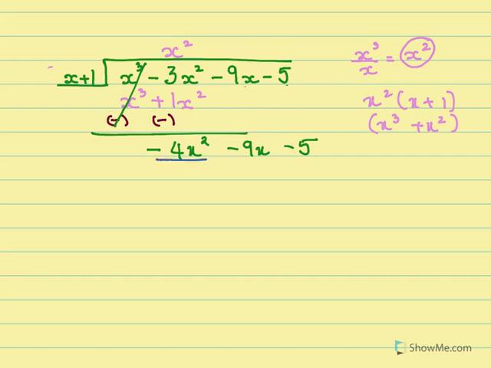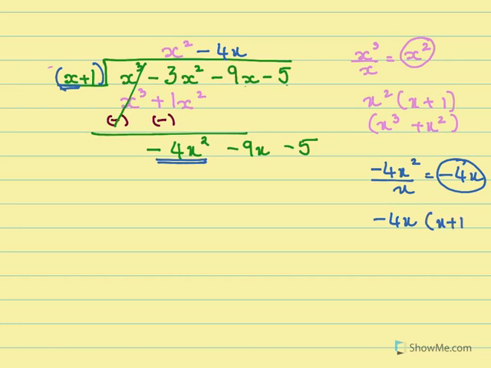Let me start the same process. Take the first term and this first term, and you divide it. So we have minus 4x square over x, which is minus 4x. Now this minus 4x, I'm going to write it out here. The next, the minus 4x, you need to multiply by the divisor, that is x plus 1, which becomes minus 4x square minus 4x.